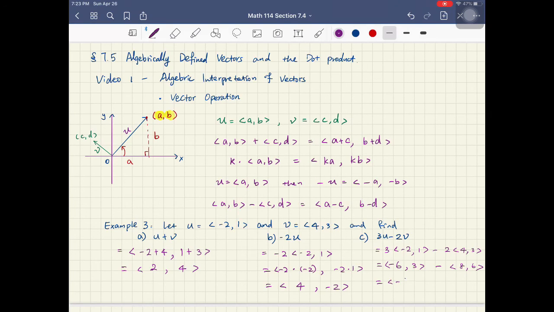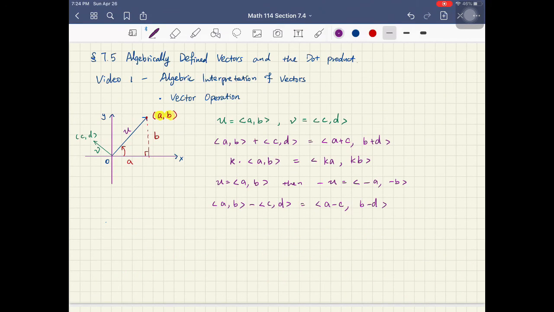Subtracting them, we got negative 6 minus 8, 3 minus 6, so negative 14 comma negative 3. Lastly, we want to talk about a special vector. A unit vector, as the name suggests, will have a magnitude equal to 1. And that is the definition of a unit vector: magnitude equal to 1.